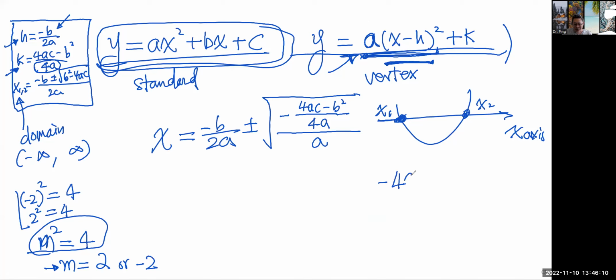We have minus (4ac minus b squared) over 4a and divide by a.